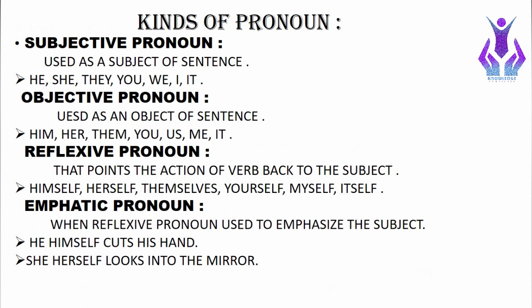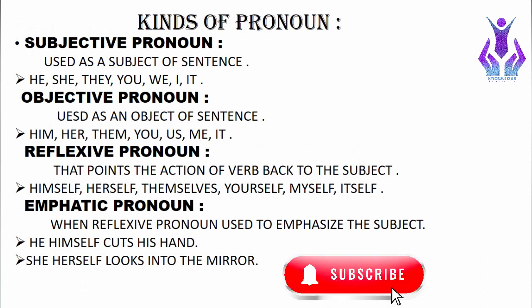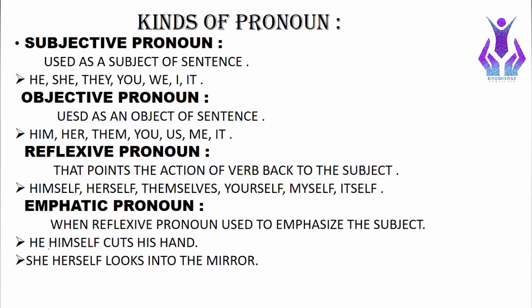When a reflexive pronoun is used to emphasize the subject, that is emphatic. For example, he himself cuts his hand. Here himself is an emphatic pronoun. The next is, she herself looks into the mirror. Here we are emphasizing with a reflexive pronoun, so it is a reflexive emphatic pronoun.